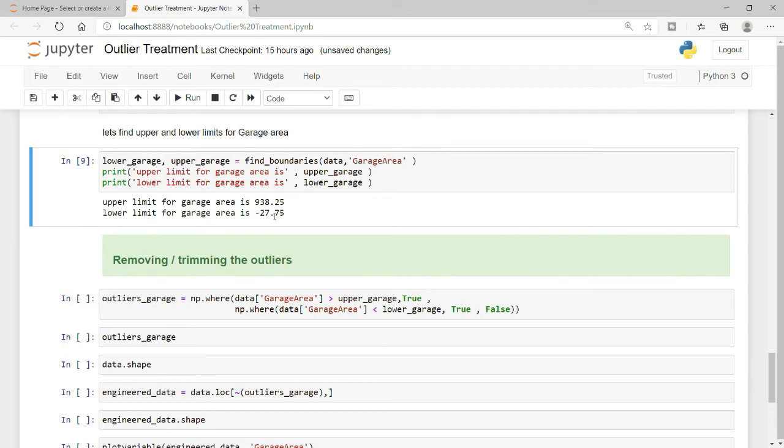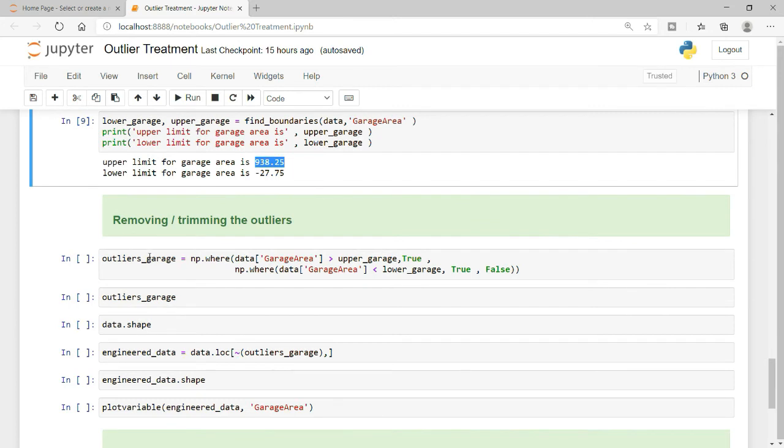This is the first approach. Second is capping. What capping does is, whatever observation is going beyond this particular range is simply replaced with this. Let us say I have an observation which is 1000, so that will be replaced by this upper value. Anything going beyond this upper limit will be replaced by the upper limit itself. I hope that makes sense now.